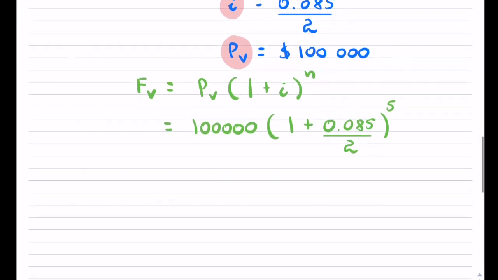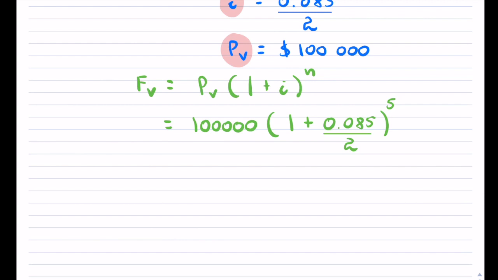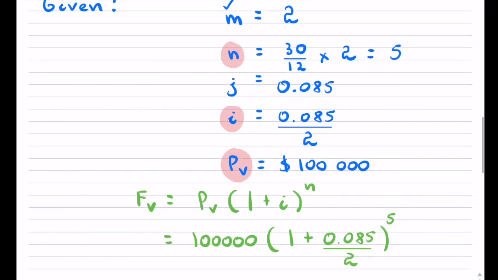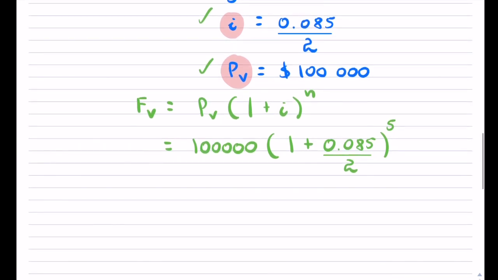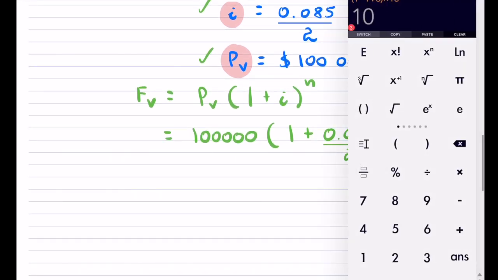Now, again, you can use a business calculator where you don't really need the formula. You can just input all of these, meaning this, this, and that, and you can look at that video if you like. Or you can just use a regular scientific calculator and input this in.